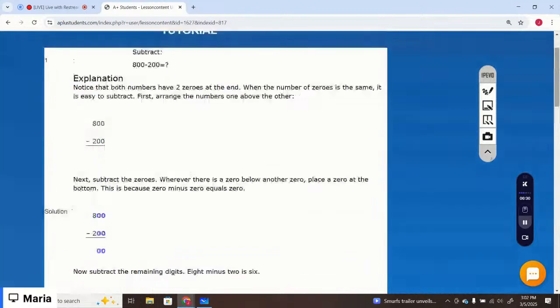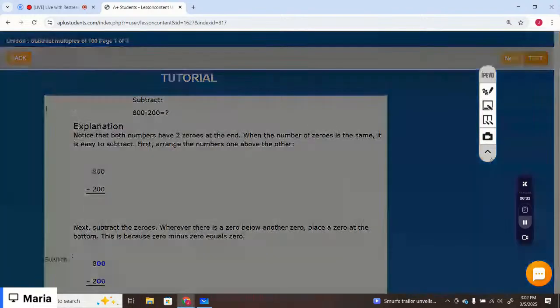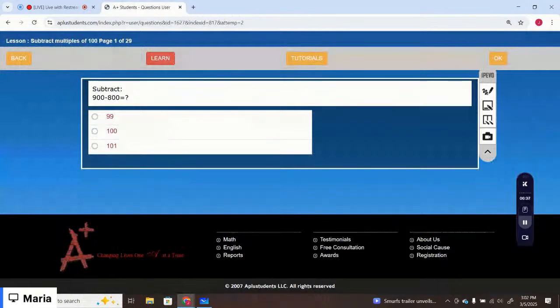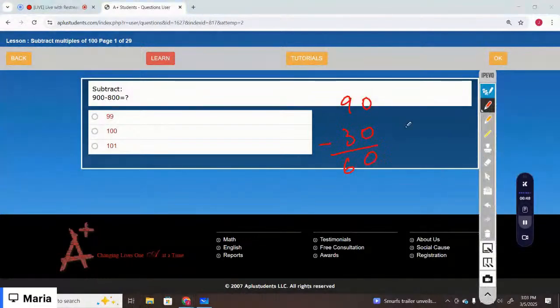Let's just start with the test questions. 900 take away 800, which is the correct option? Both the numbers have the same number of zeros, right? Write them down one above the other. Start subtracting from the ones. 0 take away 0 is 0, 0 take away 0 is 0, and 9 take away 8 is 1.